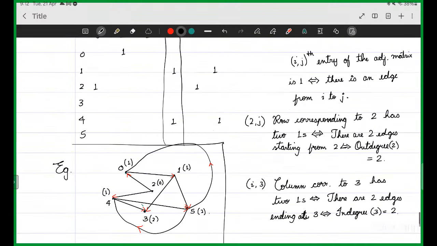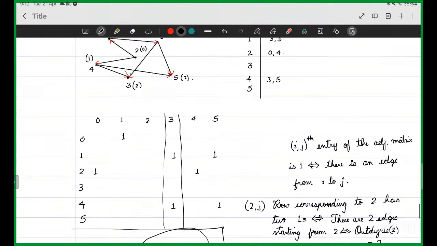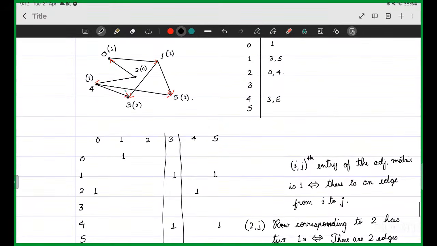So the number of ones in a particular column gives you the in-degree of the vertex of that column. The number of ones in a particular row gives you the out-degree of that vertex. You can verify it in this specific case. For each of the vertices, you can do it.